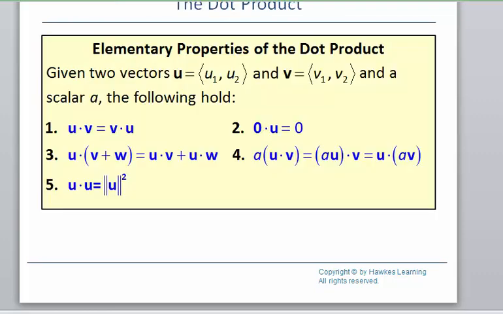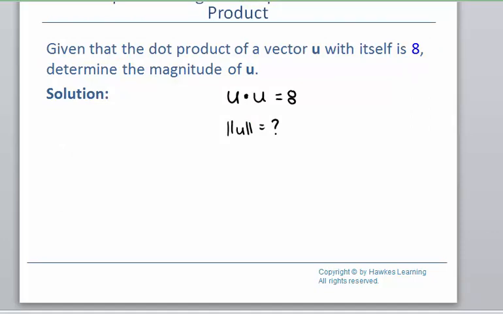Okay, so what we're going to use here is number 5 that says that a vector dotted with itself is equal to the magnitude squared. So let's go back to our example. I'm going to write that down just so I don't forget that rule. u dot product with itself is equal to the magnitude squared.